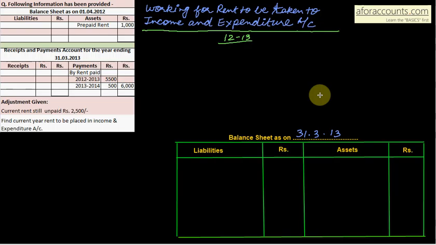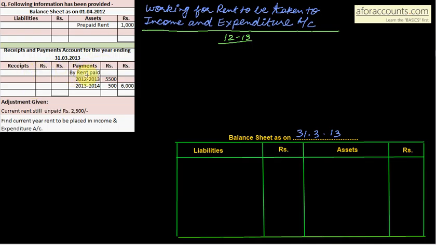Starting with the next question on not-for-profit organization. Let's read the question. The following information has been provided. Balance sheet as on 1/4/2012: prepaid rent is an asset, 1000. Receipts and payments account for the year ending 31/3/2013: receipts, nothing is mentioned.